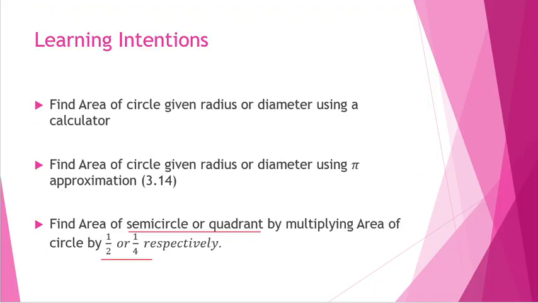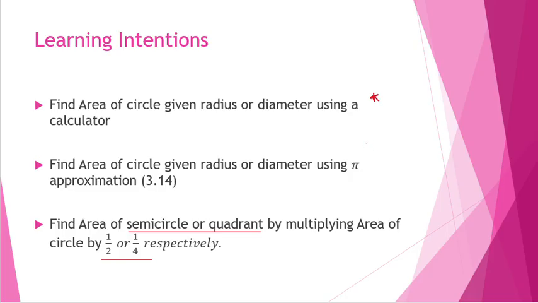So the goal is to find the area of a circle given its radius or diameter using a calculator. This is main goal number one. The second one is just finding the area of a circle when you're using approximations instead, or using exact values.